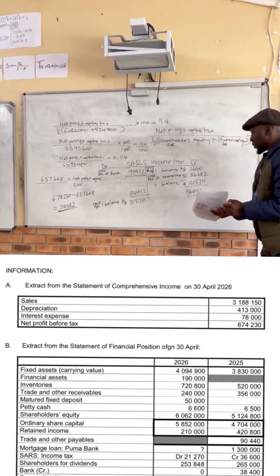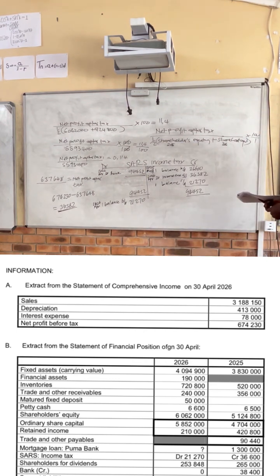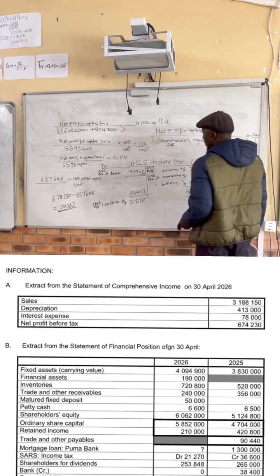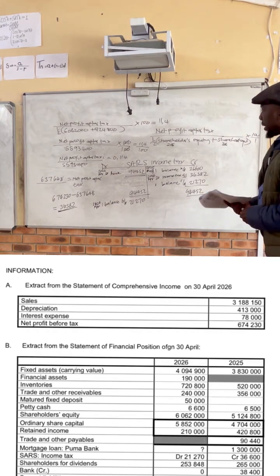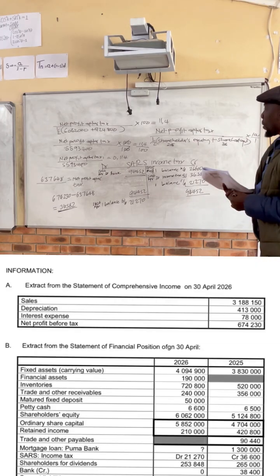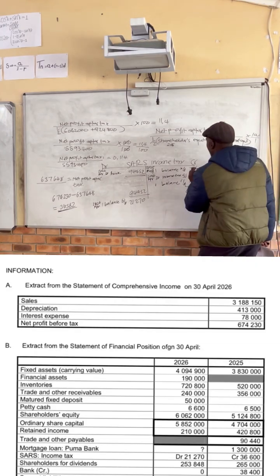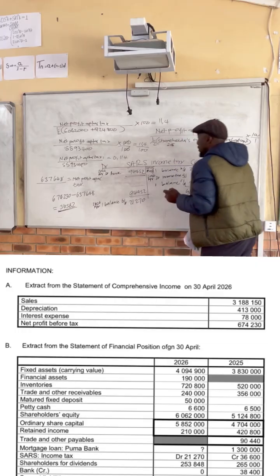On the answer column there, we must go and write 94,452. As I've already said, later on you are going to assist us on the way that you were taught by different tutors, learners.